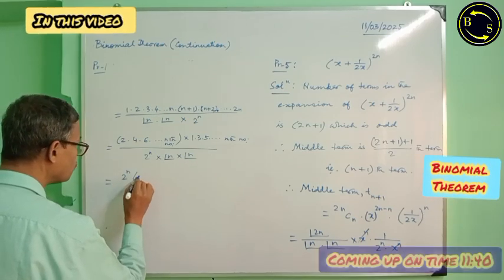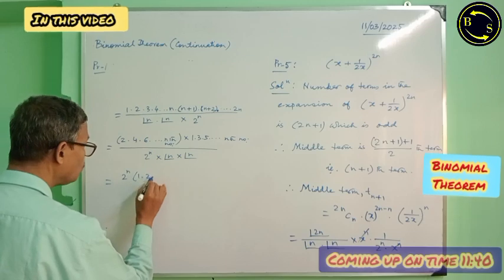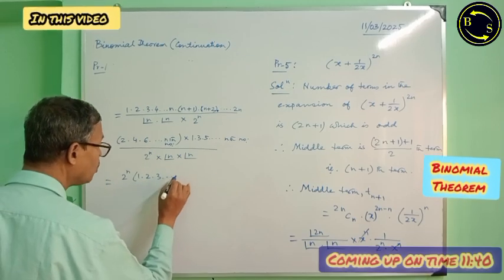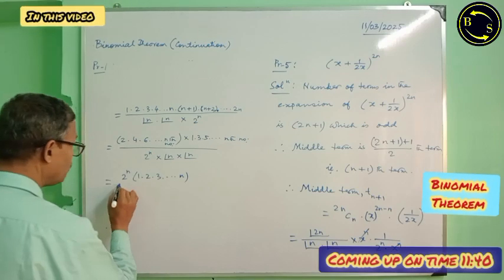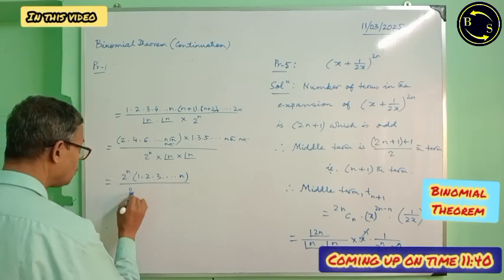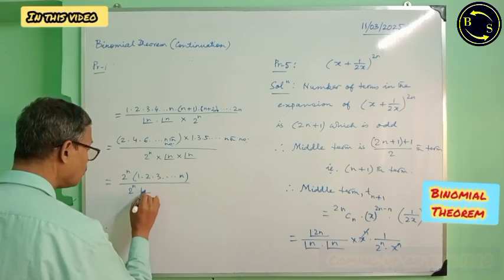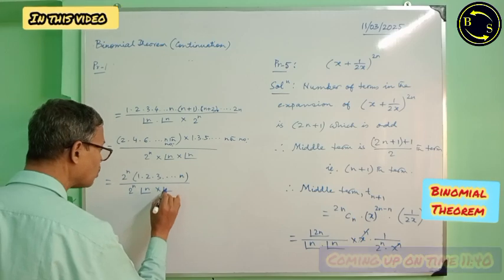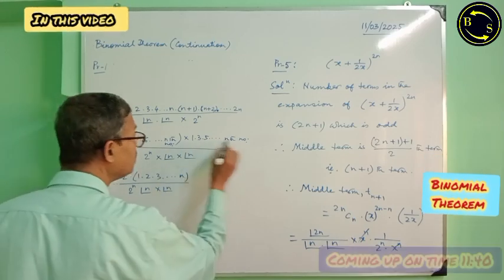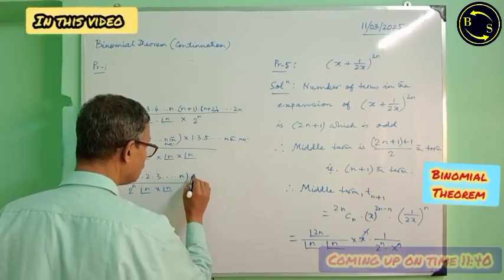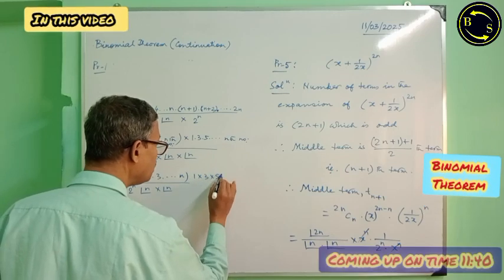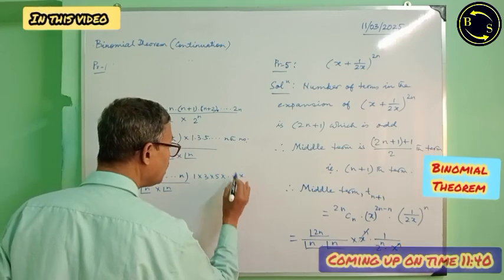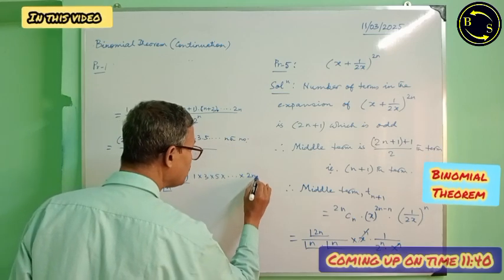The remaining factors will be 1 into 2 into 3 dot dot dot n, divided by 2 to the power n factorial n into factorial n, and this part 1 into 3 into 5 into dot dot dot, nth number will be 2n minus 1.